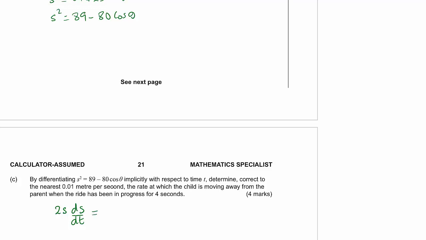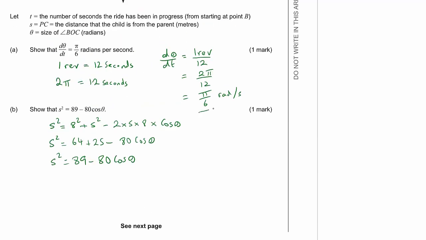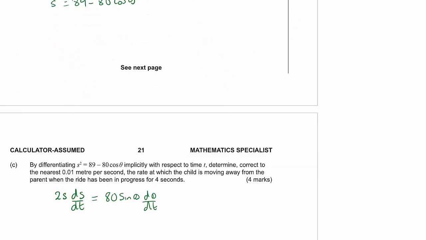The 89, of course, will disappear, and cos goes to negative sine, so this would be 80 sine theta d theta dt. But of course we know that d theta dt is pi by 6.